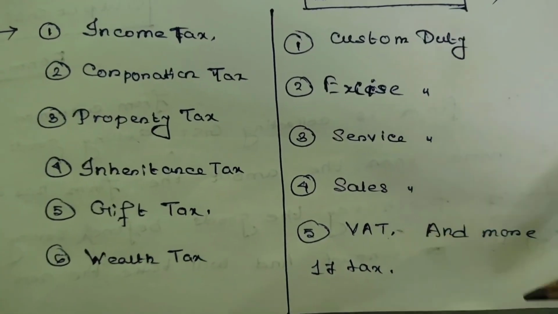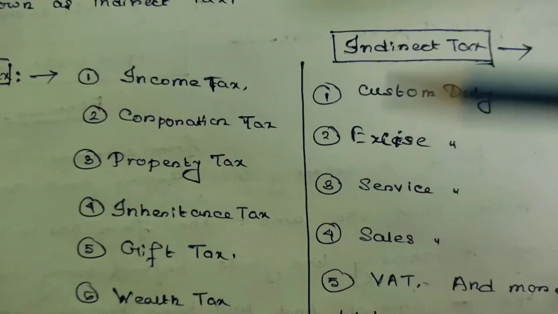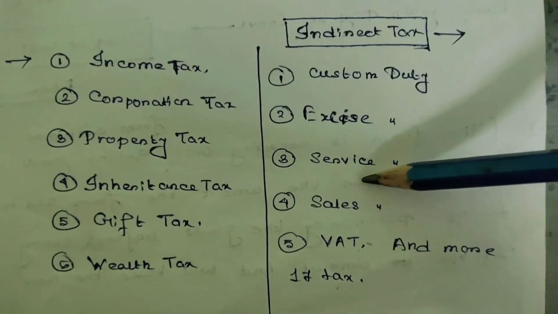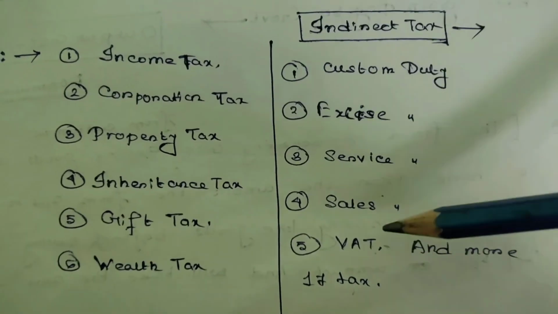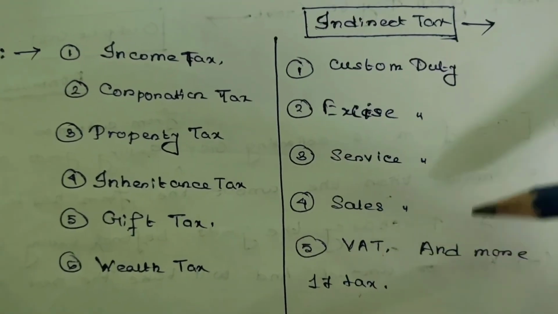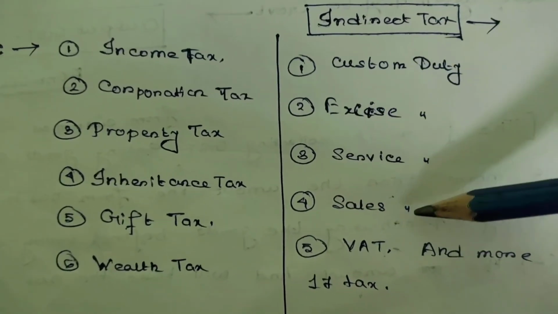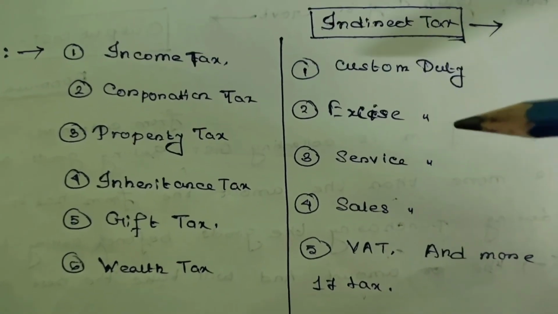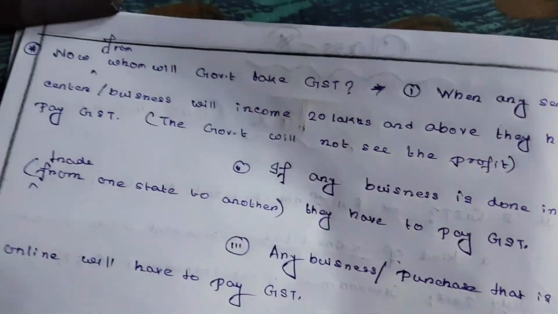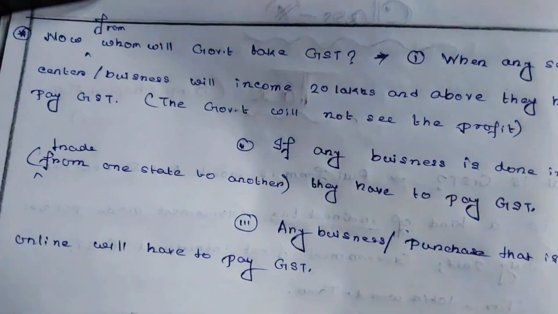And there are 17 more taxes. Including those, the taxes used to differ state-wise, and the government made policies to merge all the different taxes and different payable amounts and made it one scale. They introduced GST.